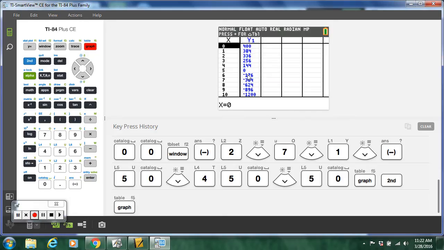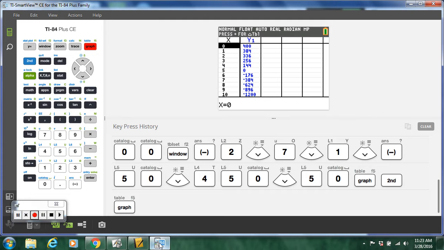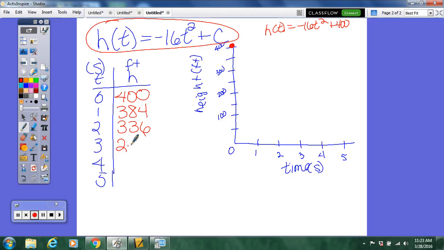So your table should look just like mine. All right, so we got our table.